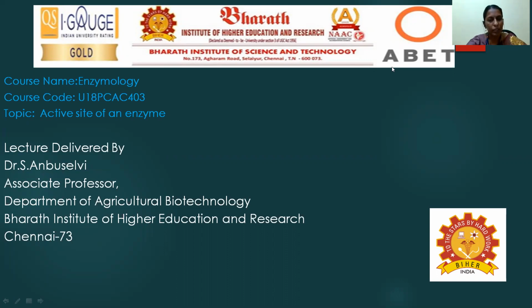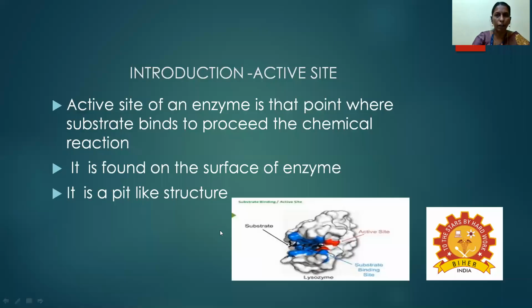The active site of an enzyme is an important location on the surface of an enzyme. It is present on the surface, buried in the interior of the enzyme. By way of introduction, the active site of an enzyme is the point where the substrate binds to proceed with the chemical reaction.